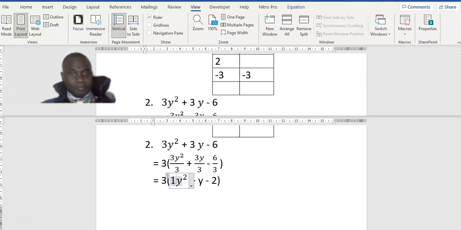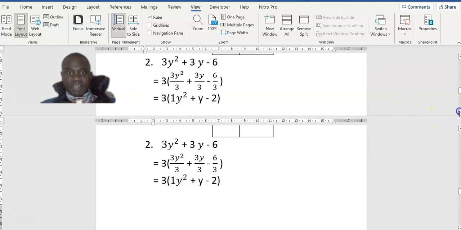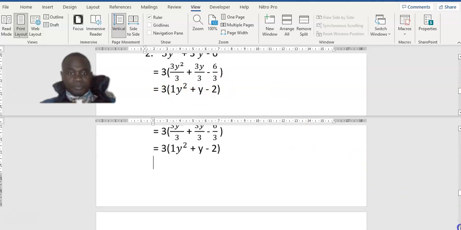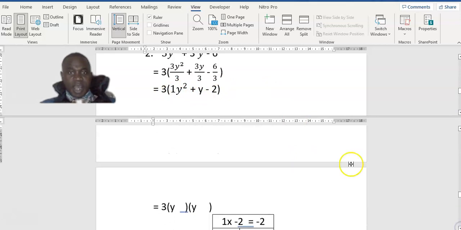Let me move my bracket to this side. Then our concentration is the one in the bracket now. So what are we going to do?